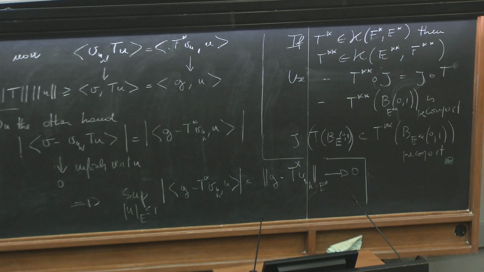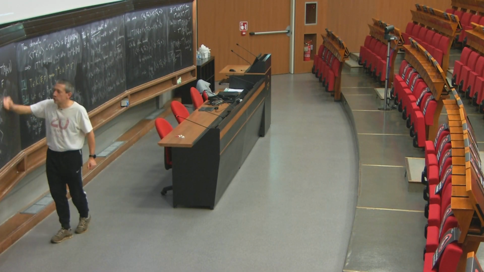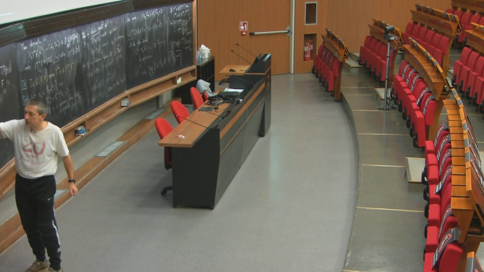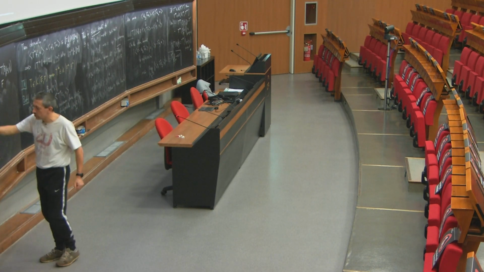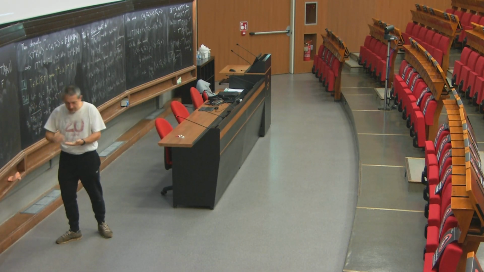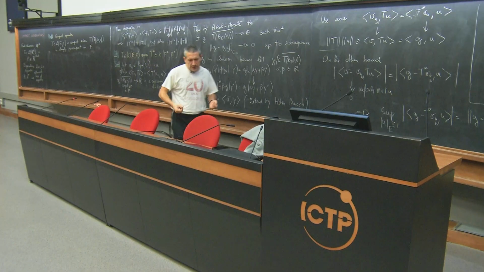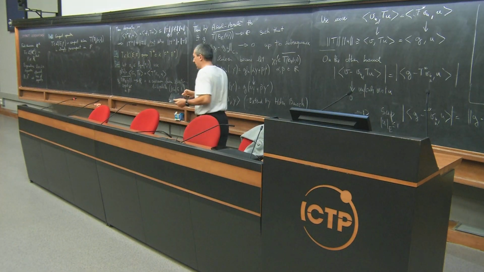So an important observation, so let's conclude with this remark about the weak to strong convergence. The compact operators are very useful because they allow a passage from weak to strong convergence.